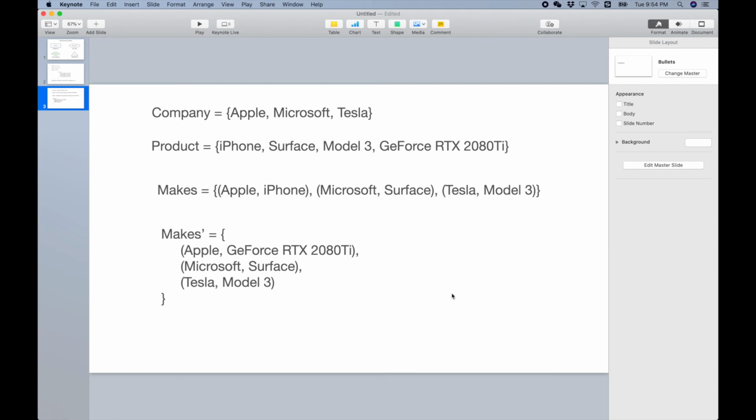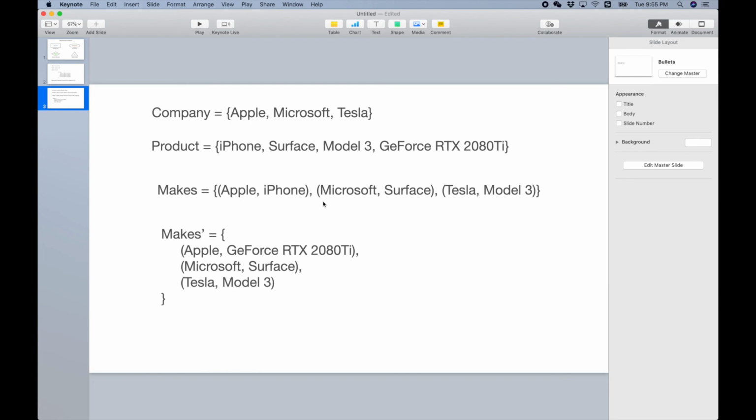We can define a Makes relationship between them as shown here: Apple iPhone, Microsoft Surface, Tesla Model 3. It denotes the relationship between the companies and the products, according to our definition. It is also correct because they do make these products in the real world.